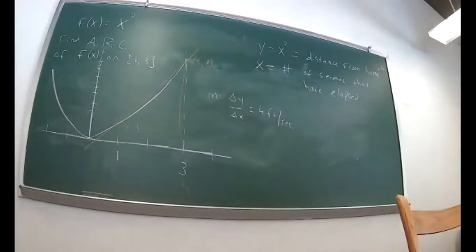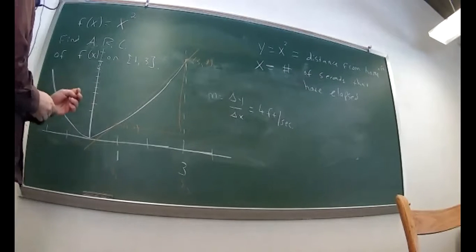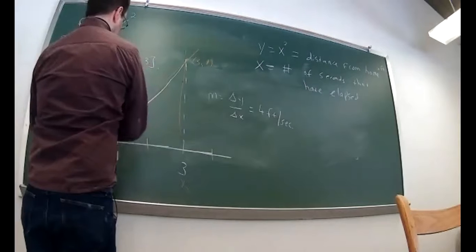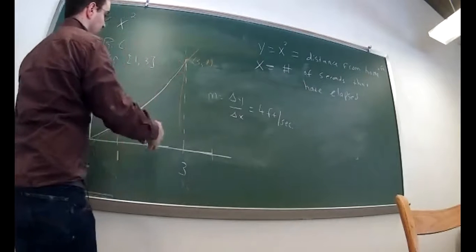It's a physical way to interpret the example. If you think of this graph as telling you your distance, this parabolic curve tells you that you're speeding up.